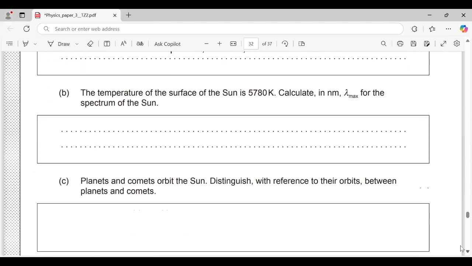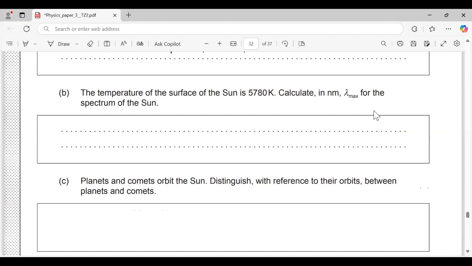The temperature of the surface of the sun is 5,780 Kelvin. Calculate in nanometers lambda maximum for the spectrum of the sun.